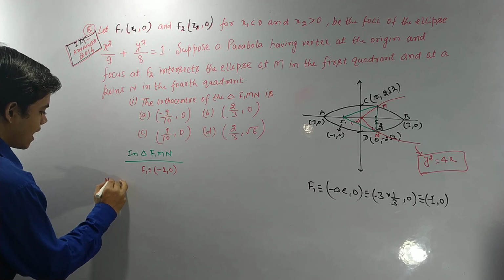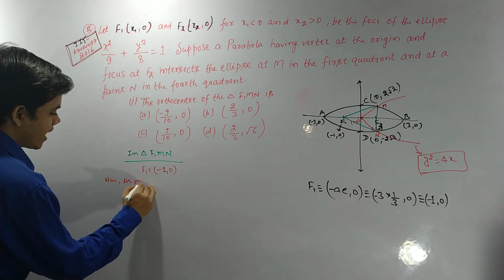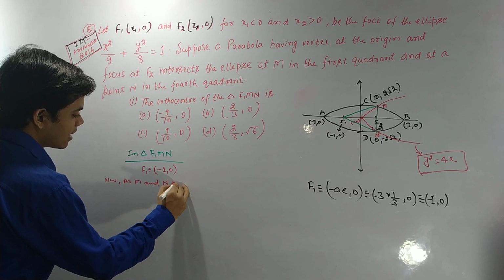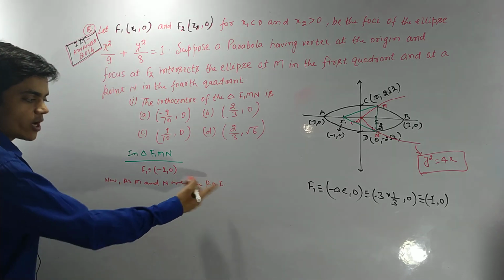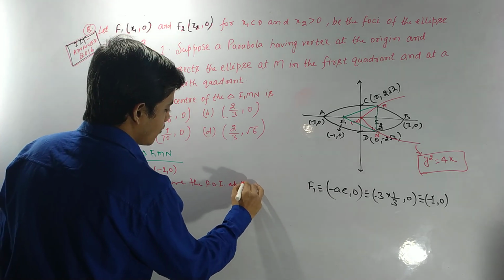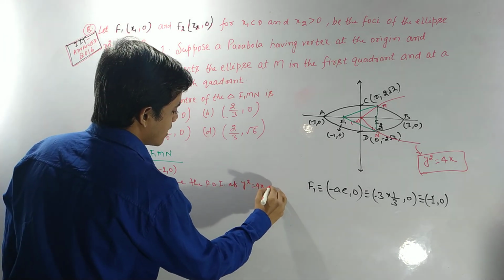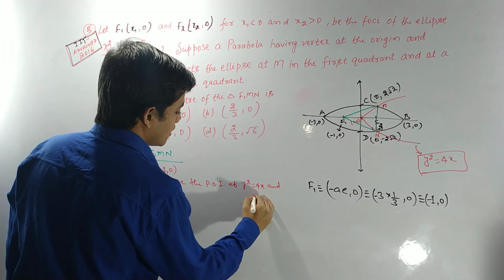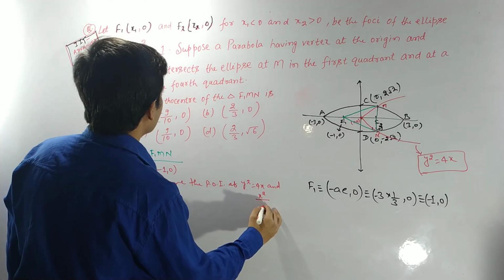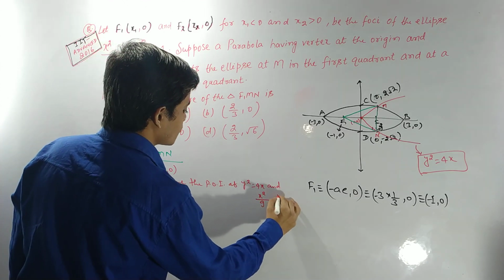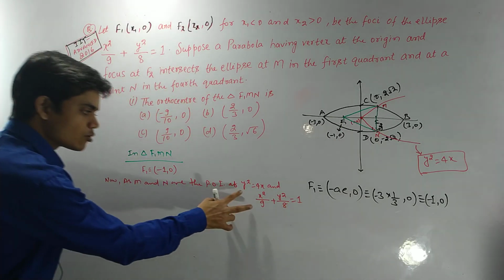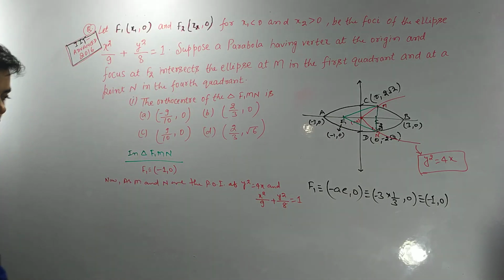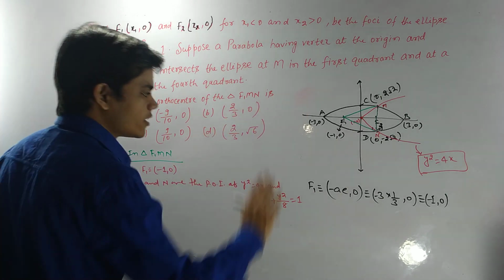Now as M and N are the points of intersection of y square is equals to 4x and x square upon 9 plus y square upon 8 is equals to 1, we have to solve these two equations to get the coordinates of M and N.